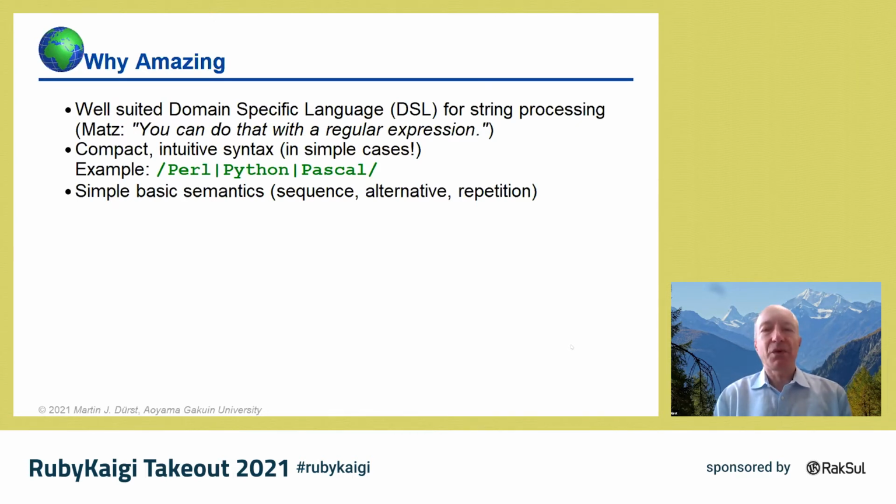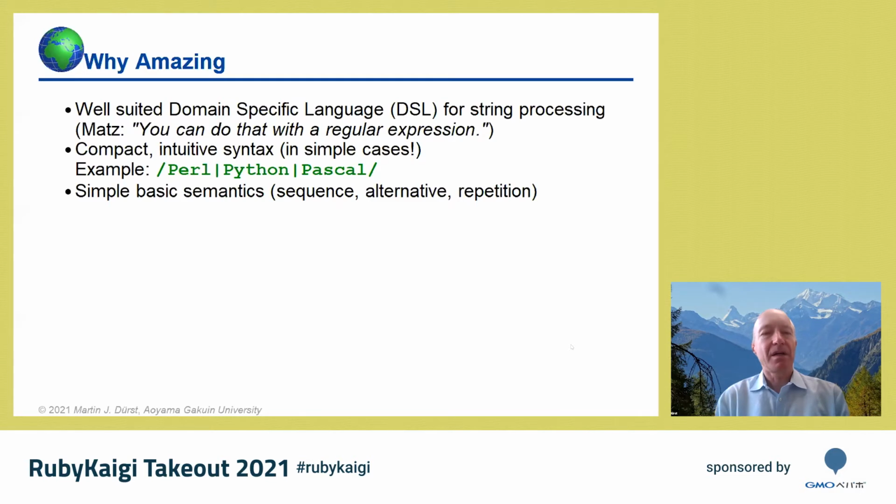And for Ruby, this is quite important. On several occasions when I proposed new functionality for internationalization in Ruby, Matz often said, well, you can actually do that with a regular expression, so why do we need a separate method?